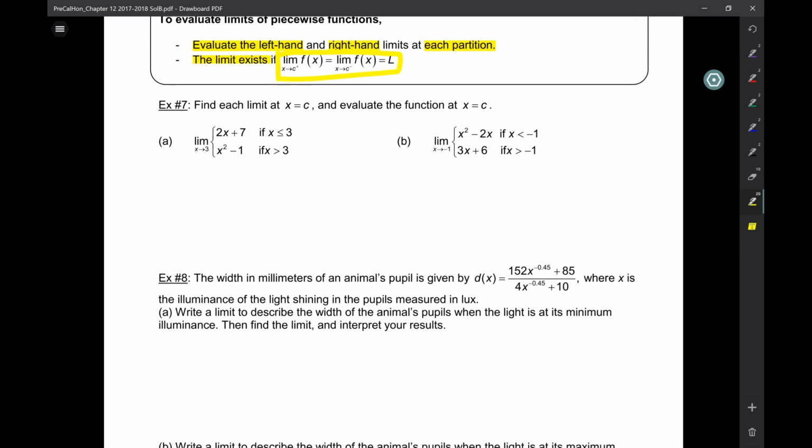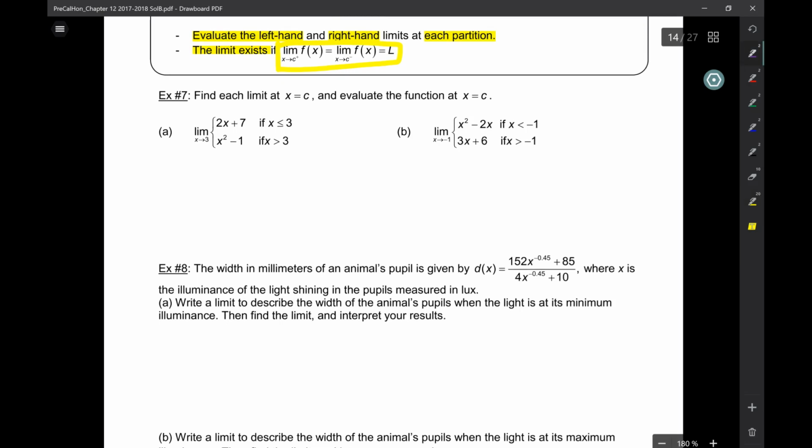So first, the limit as x approaches 3 of this, I'm going to call it f of x. So here's what we do. Evaluate this top at 3.